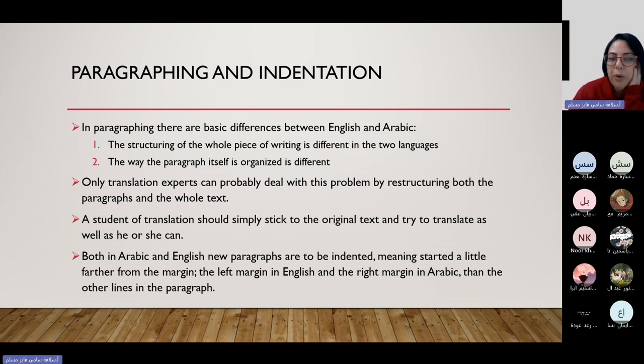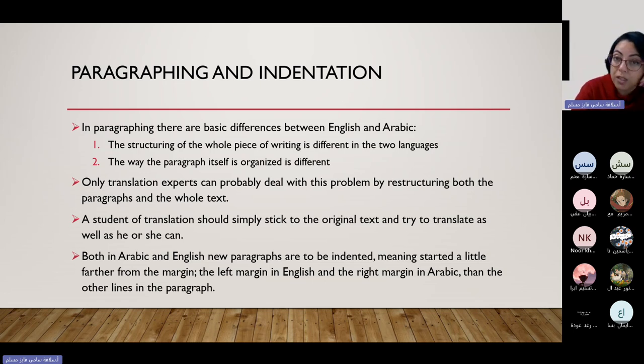Okay? Both in Arabic and English, new paragraphs are to be indented. Why? Because in the university, and in other universities, and in the academic field in general, we use what is called the APA system or the MLA system. And these are referencing systems, writing systems that are used in the academic field.